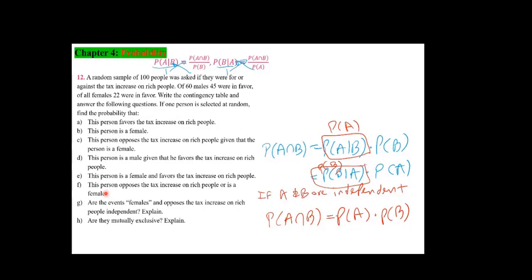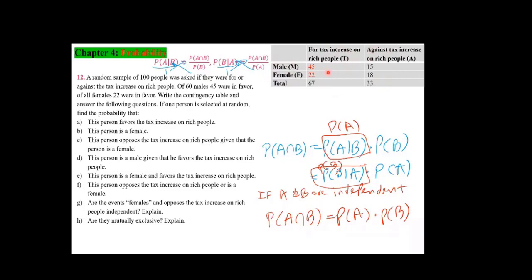Let's come up with the contingency table, and I'm going to show you how to come up with that. It's very simple. So number one, we are looking at males and females, and then for and against. Whether you put it in the row or column, it doesn't matter, because you're either for or against. Two different columns, males, females.